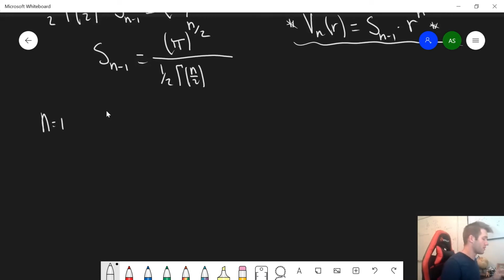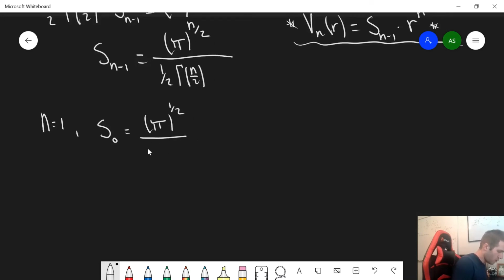It should be our zero-dimensional sphere in one-dimensional Euclidean space. So we're going to have our S sub 0 equal to pi raised to the 1/2, because n is 1 now, over 1/2 times gamma of 1/2.